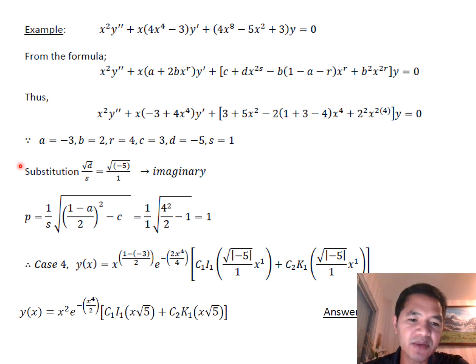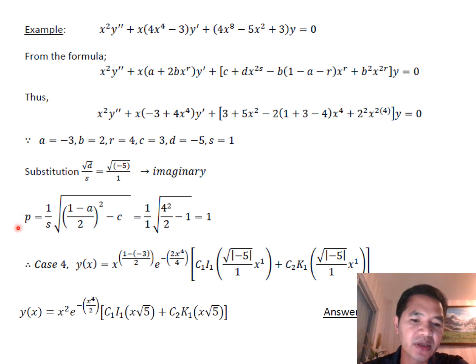So next, you find the value of the square root of d over s. D is minus 5 over s is 1. Because there's a minus sign inside the square root, it's going to be an imaginary number, so it's minus i root 5. This is an imaginary number.